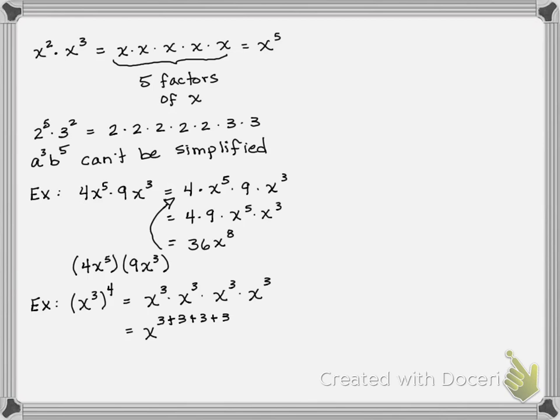To the 4 times 3. That's 3 to the 4th. 4 times 3 is 12.